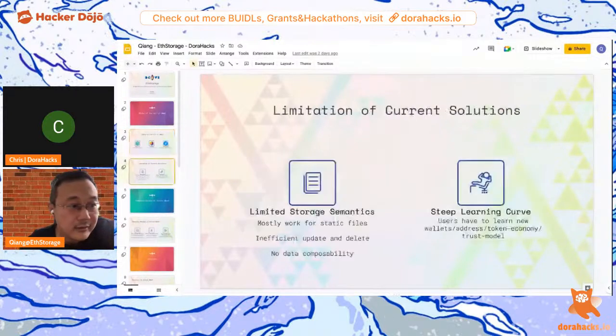However, there are great limitations of the current decentralized storage solutions. First, those storage solutions have a great limit on semantics. They only work for static files, which means it is very inefficient to update and delete those existing files.